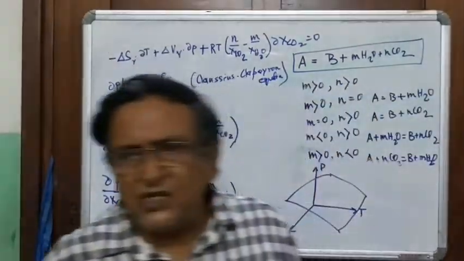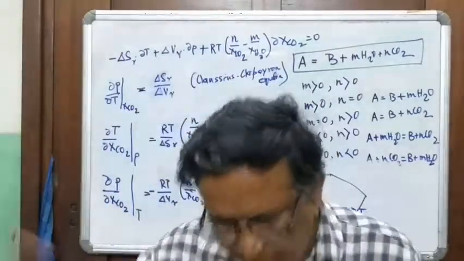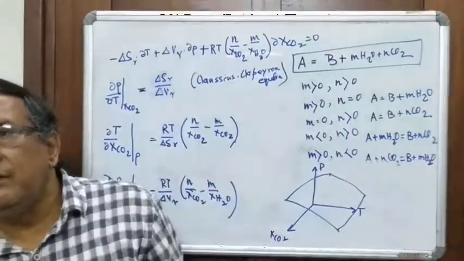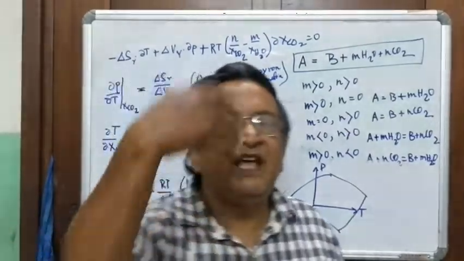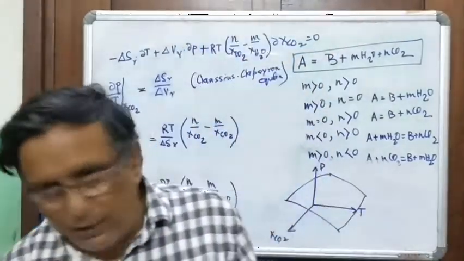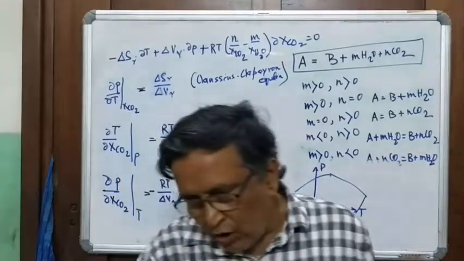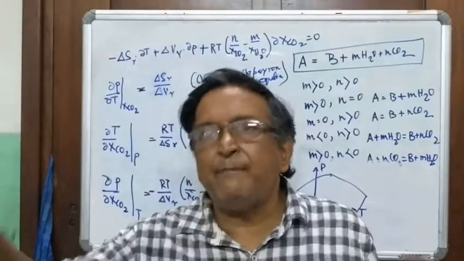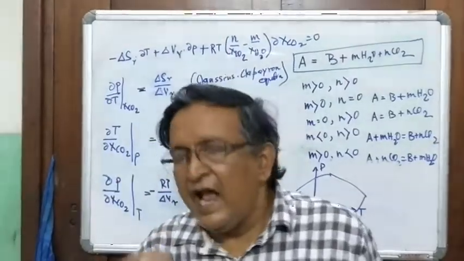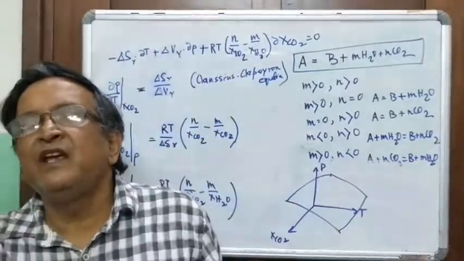Now, when we talk of progressive metamorphism, normally we talk about increasing temperature rather than increasing pressure. It's increasing both pressure and temperature. But when we talk of increasing metamorphic grade, we have in mind an increasing metamorphic temperature.